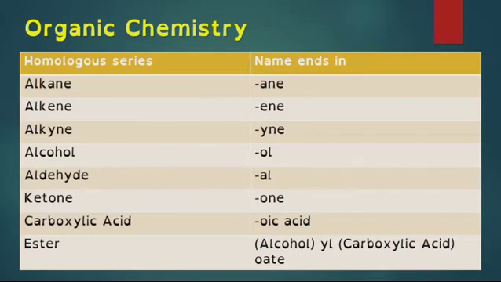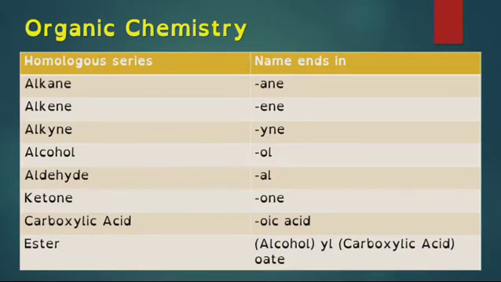So if we had methanol and ethanoic acid, the ester formed would be methyl ethanoate. Don't worry, it takes a lot of practice to get the names for esters right. We will look at it again in just a little bit.